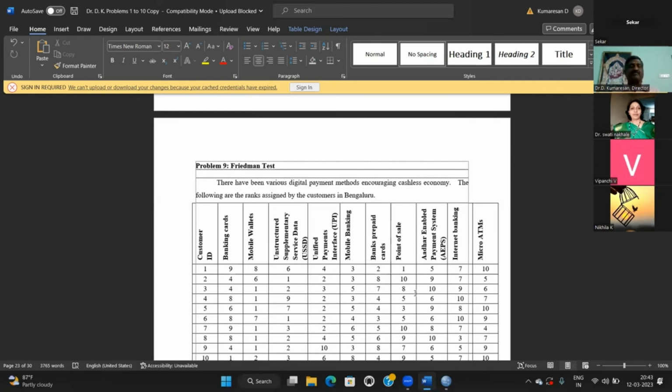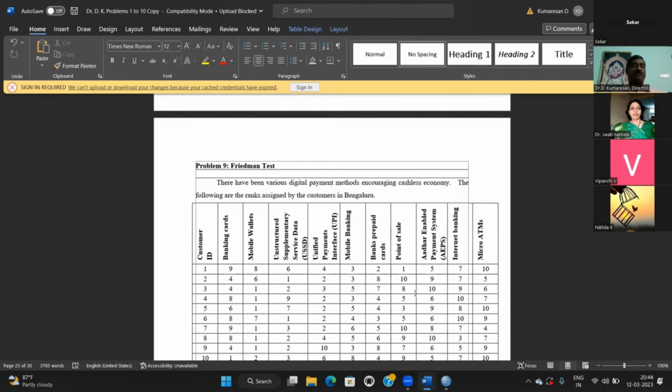Then we come to non-parametric tests. This is divided into three: independent samples test, related samples test, and chi-square test. Independent samples divided into two independent samples, k independent samples. Related samples test is divided into two related samples, k related samples.